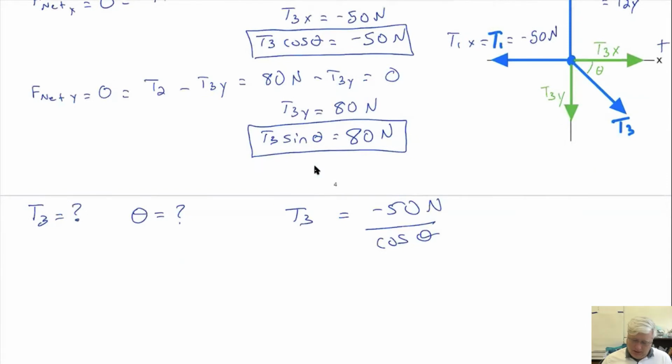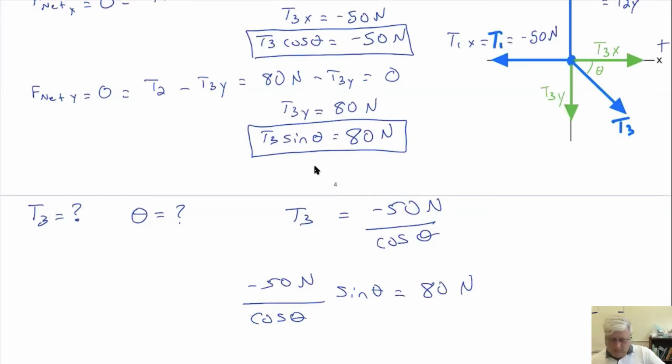So then we would have something like negative 50 newtons over cosine theta, times sine theta, equals 80 newtons. Okay, so we got rid of the T3, but now we also have a sine theta and a cosine theta.